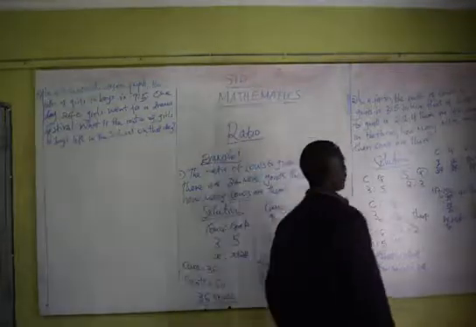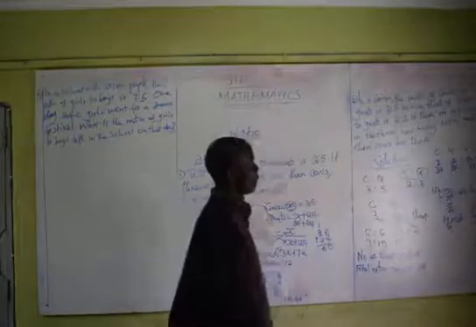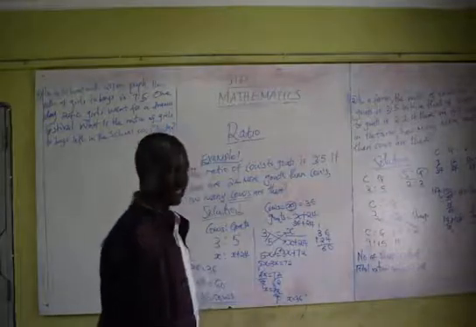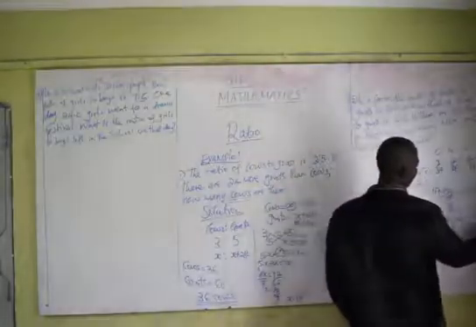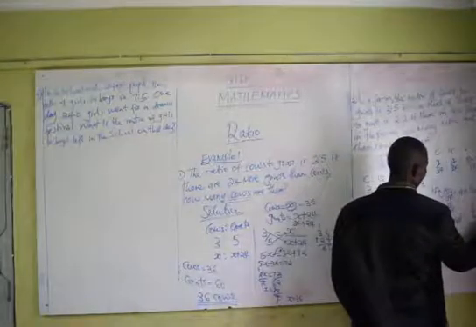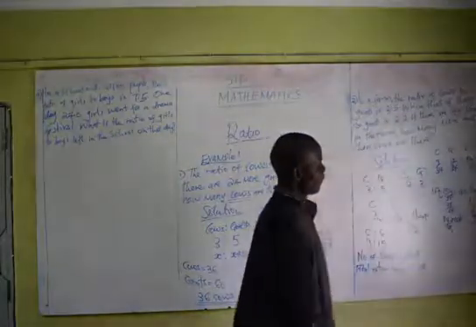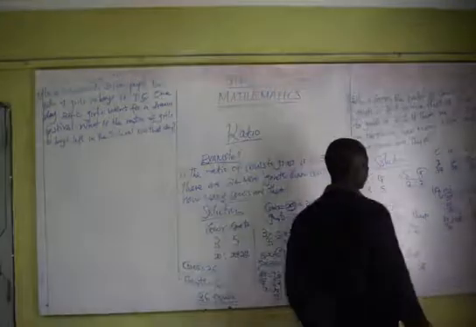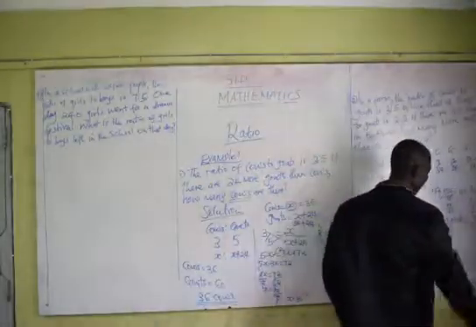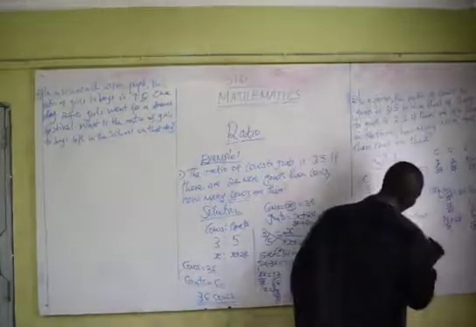Let us multiply together. 4 multiplied by 4 gives us 16. 16, we write 6. We carry 1. And then 4 multiplied by 3 gives us 12. 12 plus 1 gives us 13. Very good.